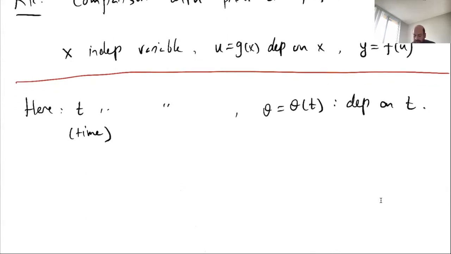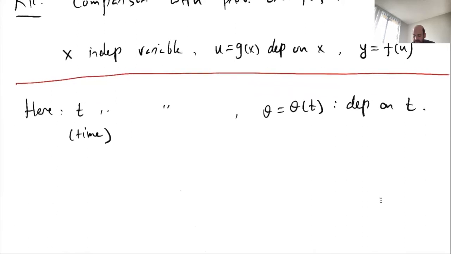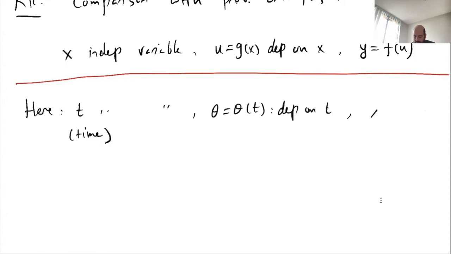Here, t independent variable, theta dependent on t, and instead of y here, we have x. I can write it this way. And x is a function of theta here.